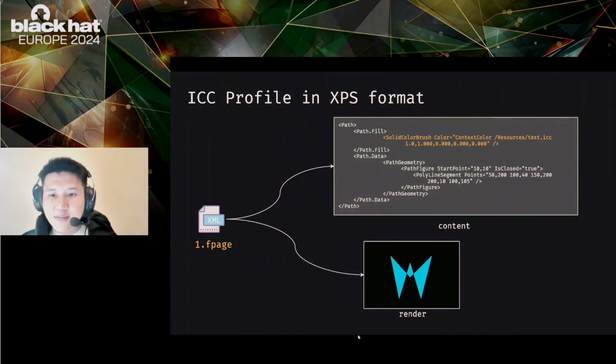The ICC profile is used in the XML to describe the page. We will modify the previous example by replacing the default colors with an ICC profile to ensure the same color representation across different devices.